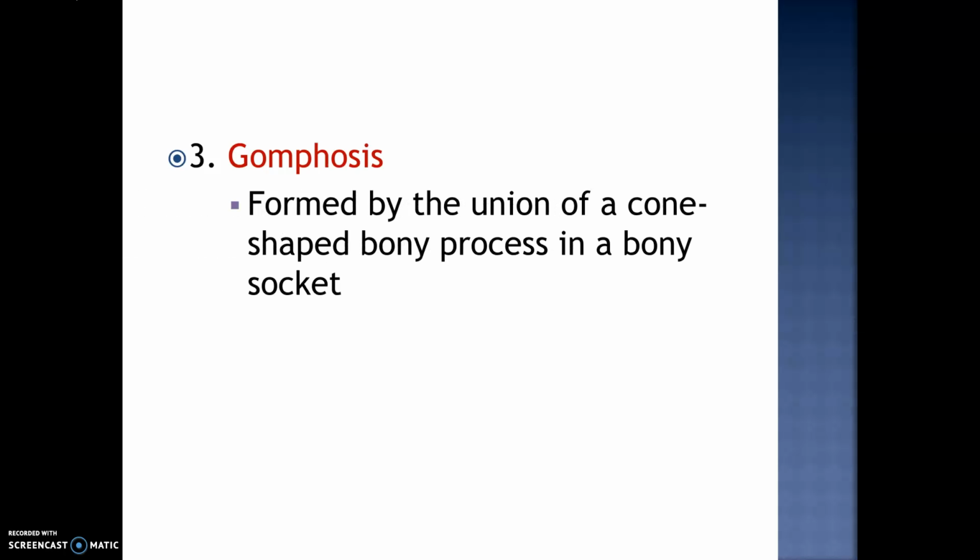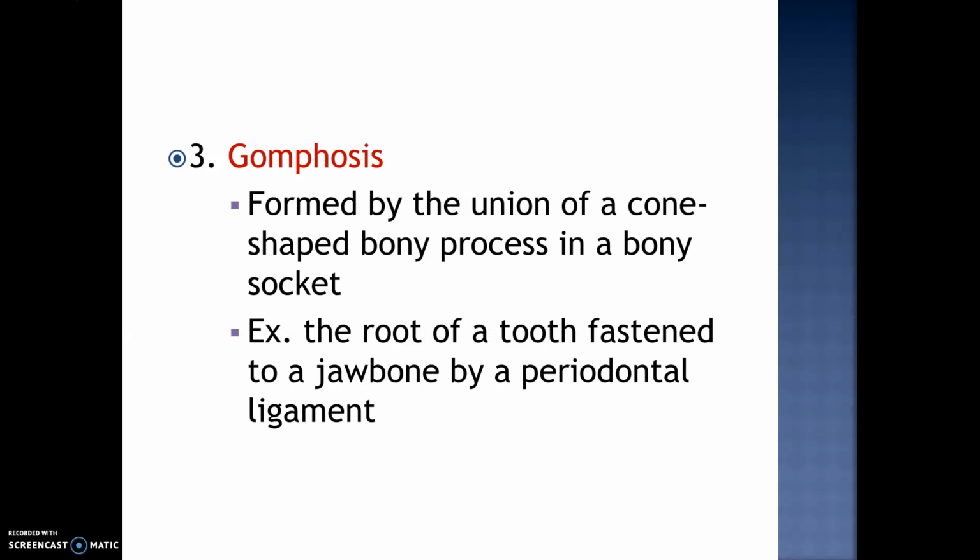Our next one is gomphosis. These are formed by a union of cone-shaped bony processes in a bony socket. So it might sound a little bit weird, but a good example of this is how our teeth are fastened to our jawbone, and that's called a periodontal ligament that holds our teeth to our mandible and our maxilla.